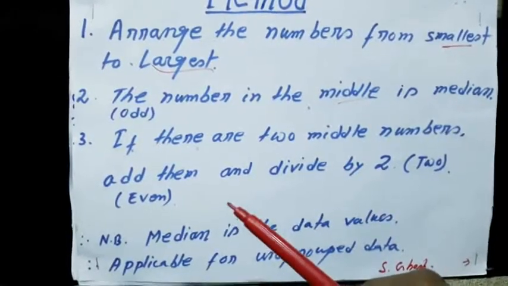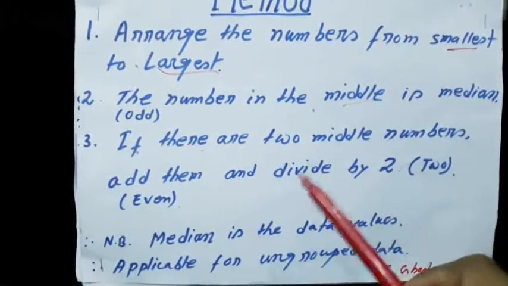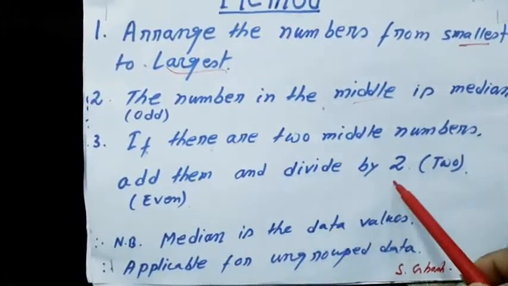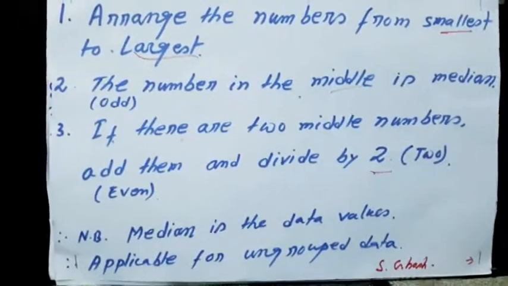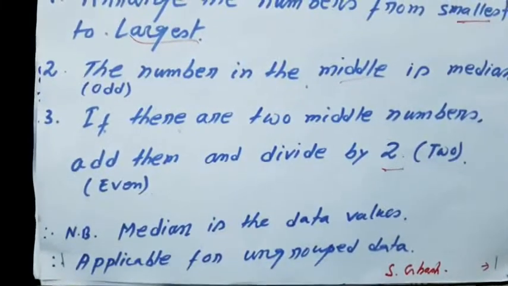For the even numbers, we will add the middle numbers, then we will divide it by 2. And this formula will only be applicable in the case of ungrouped data.